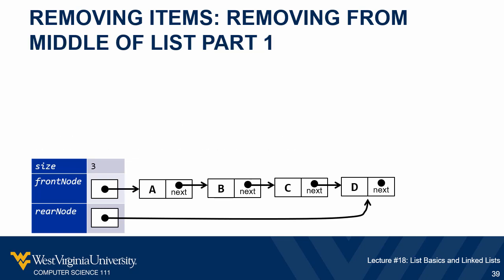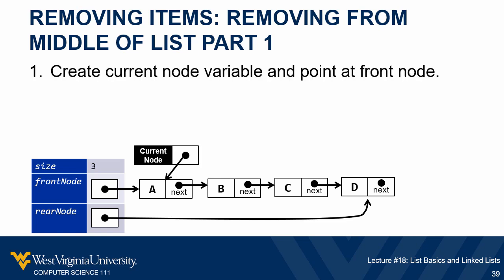For our next case, we're going to look at removing something from the middle of our list. In this example, we'll remove the node with index 2, so the one that's storing the value C. We're going to have to create a current node variable to keep track of what node we're currently looking at.